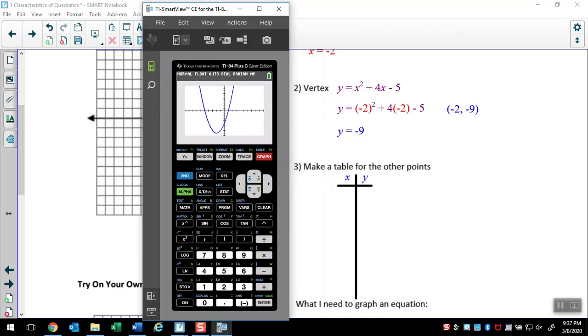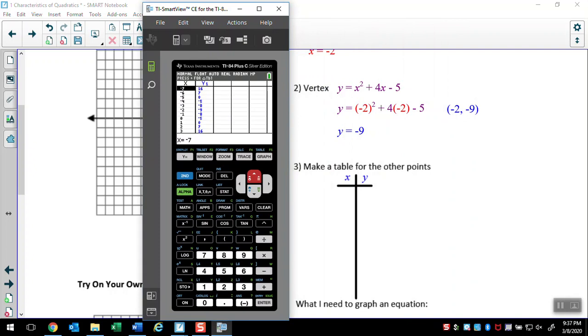All right, so to do that, I'm going to do second table. And what I'm going to do is locate that vertex, that negative 2, negative 9. So these are all positives, so to get to my negatives, I'm going to scroll up. There's my negative 2, negative 9. And what I'm going to do is just list some other points that I could possibly also graph. So I'm going to scroll up until I know I can't graph any more points.